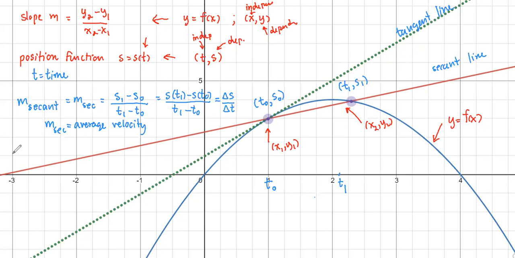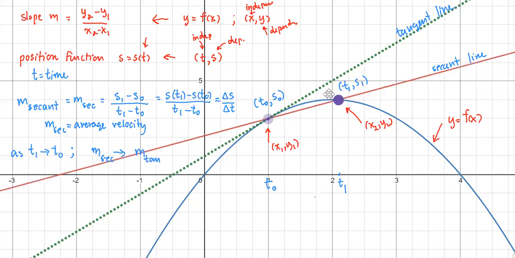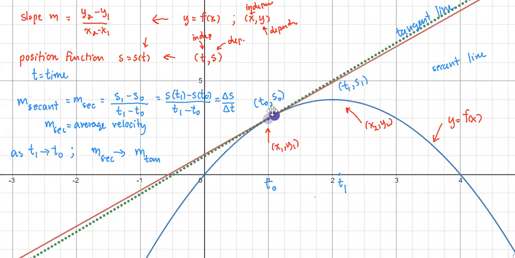So as I move t1 approaches t0, the slope of the secant line approaches the slope of the tangent line, because the lines are almost on top of each other. Does it make sense to you guys?